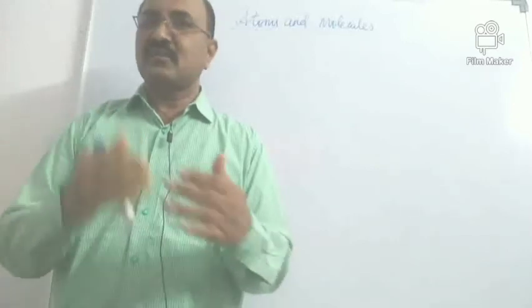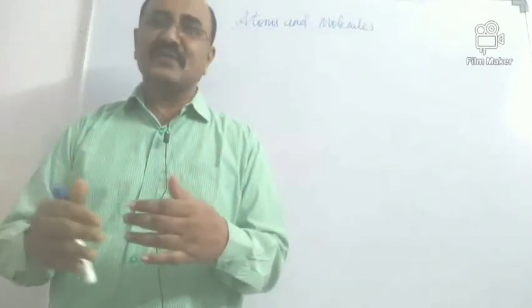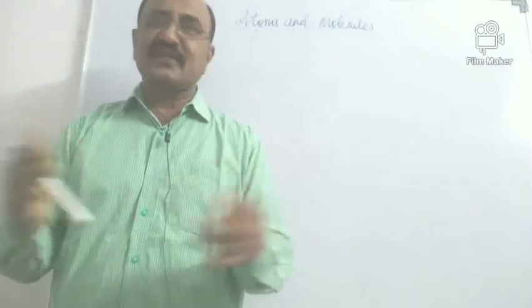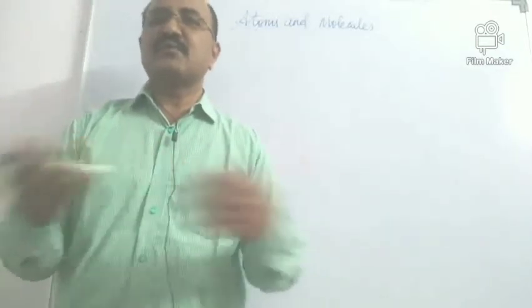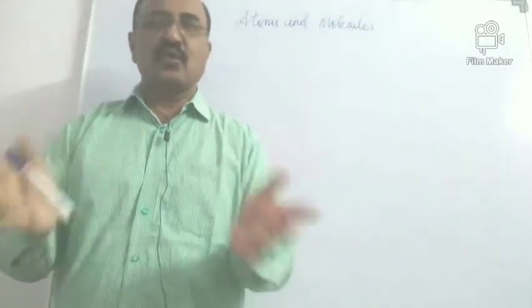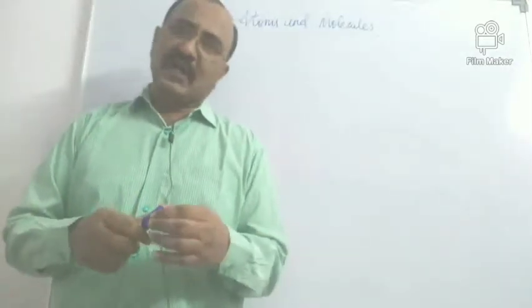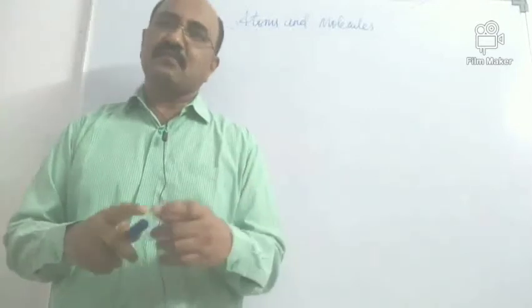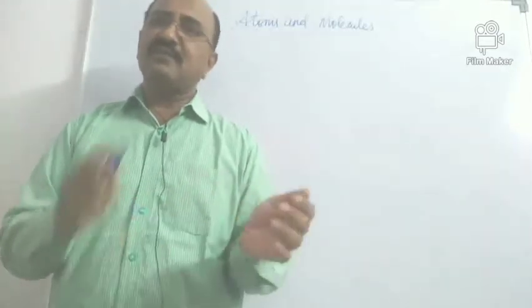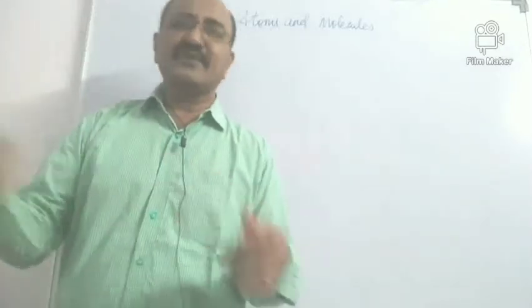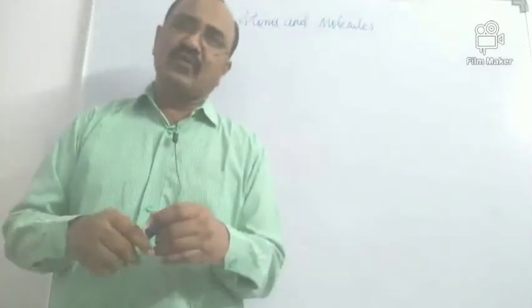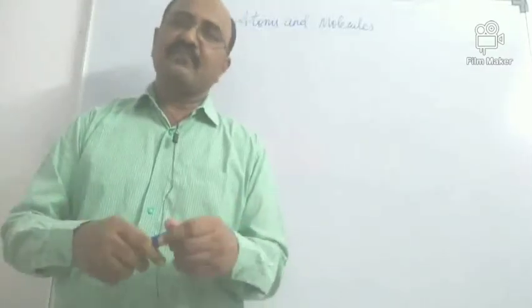They took 1/16 of the oxygen atom's mass as the standard atomic mass unit. Then any atom's mass was compared to that, and that gave us a whole number. So children, that becomes the atomic mass of that particular element, which gives us an idea of how much the mass of the atom is compared to 1/16 the mass of an oxygen atom.